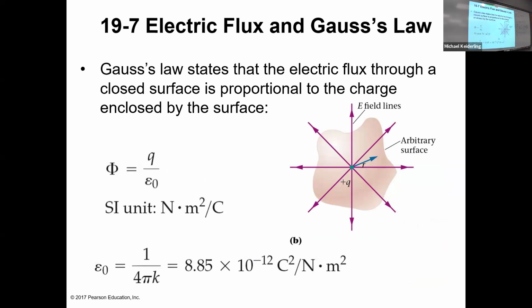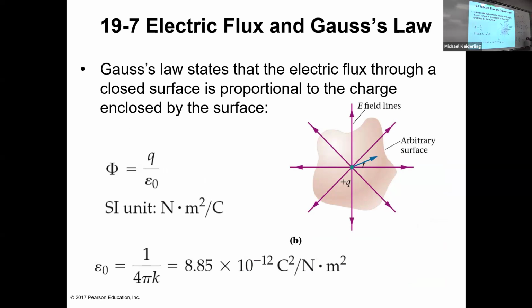So electric flux is a measure of how much electric field is going through a surface. And Gauss's law says that if you have an arbitrary surface and you work out all the flux going out of that surface, from the inside out, that will equal the total charge over this number epsilon naught.